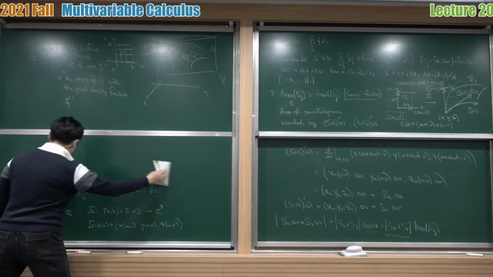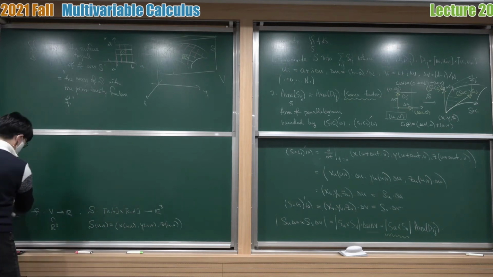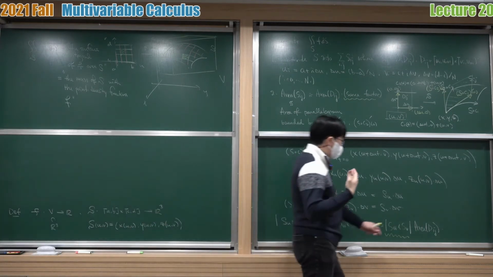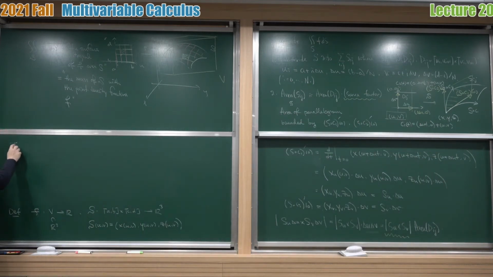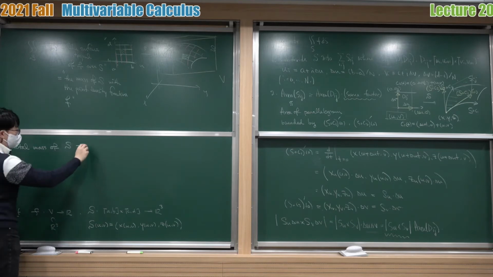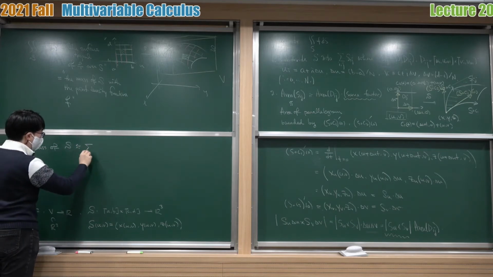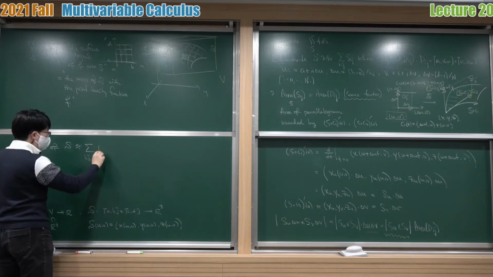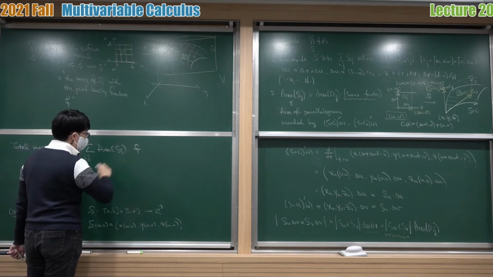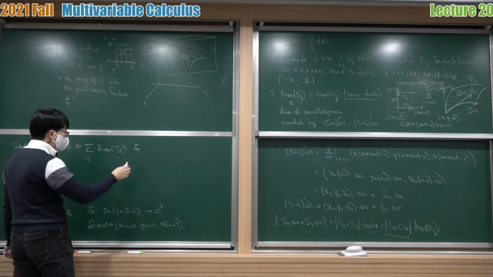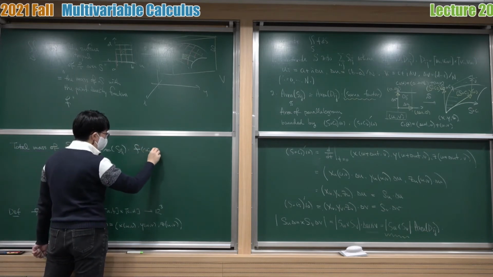Okay, so let's try to finish our argument. We had the meaning. Now we need to find the formula. So the total mass of S is approximately the sum of all area of Sij times the density f at (xij, yij, zij).